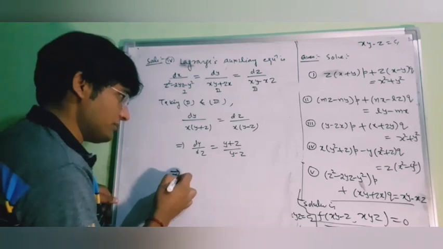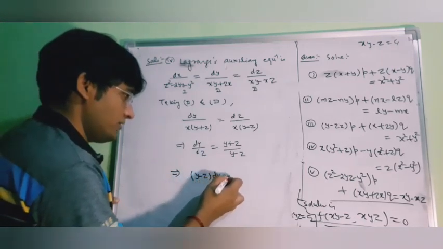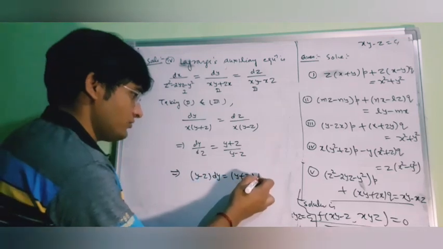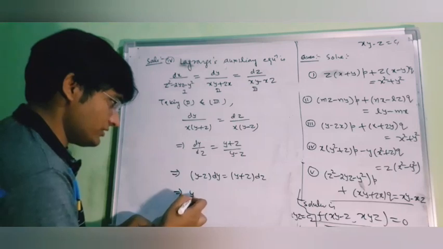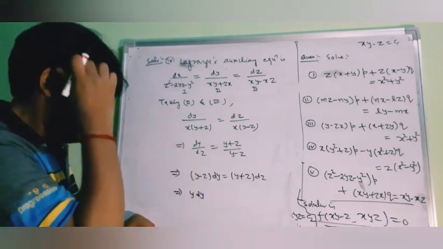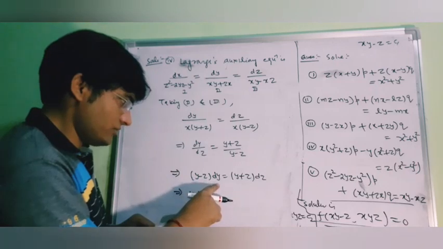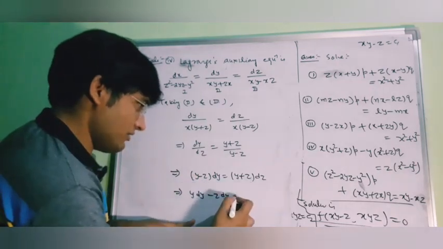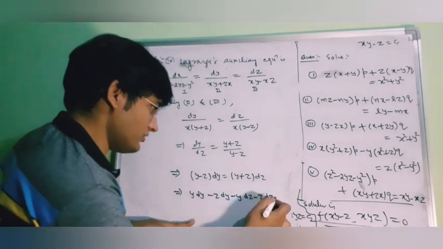Or let us cross multiply these two terms, and I will try to arrange this term. So let us see whether we are able to arrange them or not. So here we will get, from here I will get minus y dz, and then we will have minus z dz equal to 0.